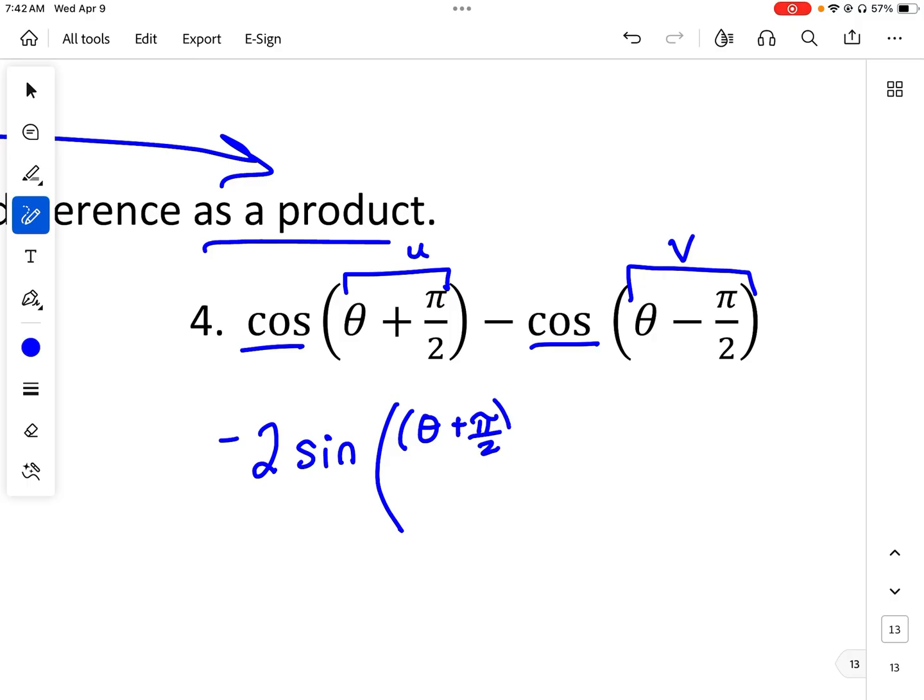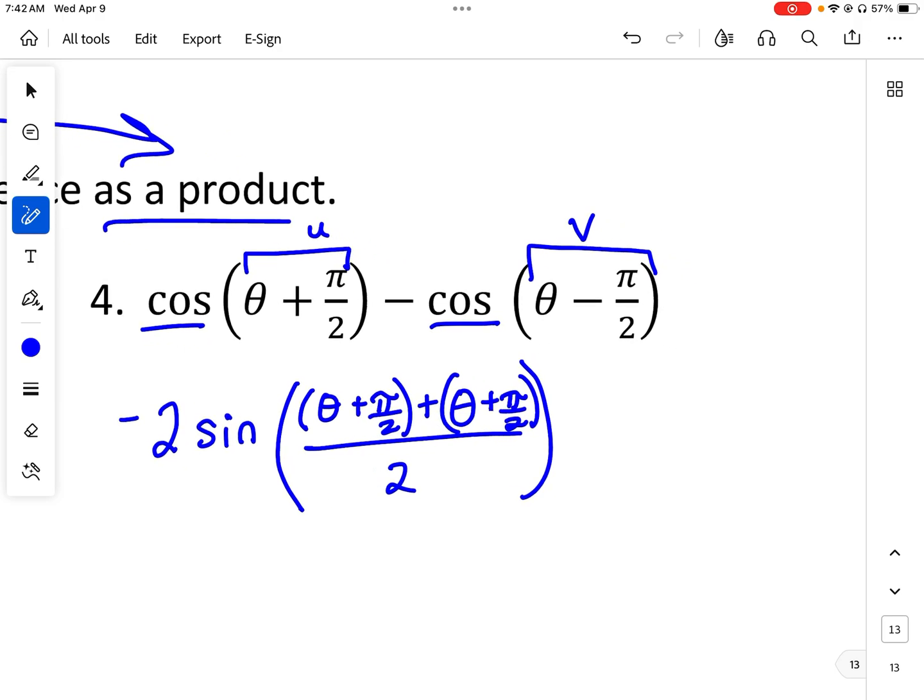So we want u plus v over 2. And then it is sine again, u minus v.